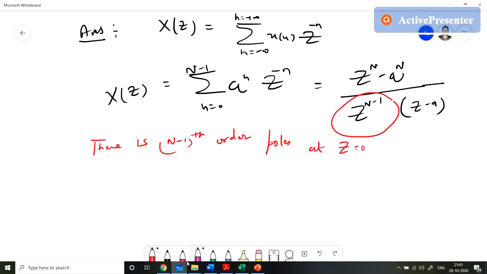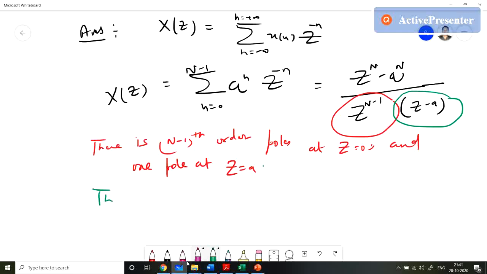Please see that at z equals 0, we have a capital N minus 1th order pole, and one pole at z equals a. So we can see here we have another pole at z equals a.